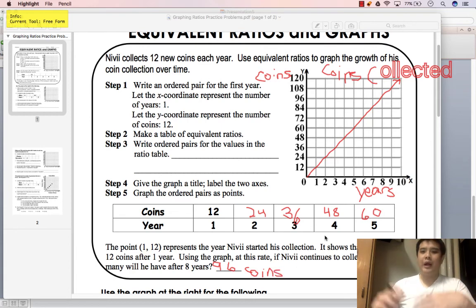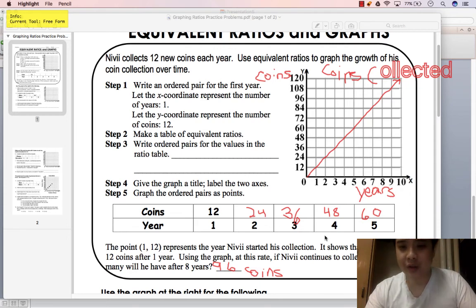Now, whenever we have a proportion, this line right here should be a straight line. That's because the proportion is represented in the slope. If we calculate the slope, it is going to be 12 in this case.